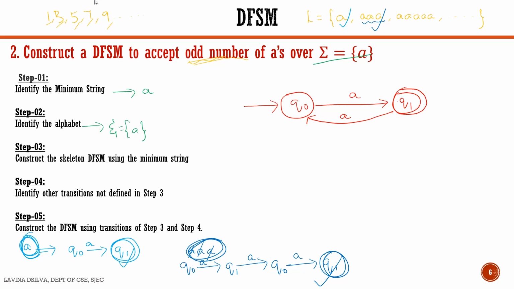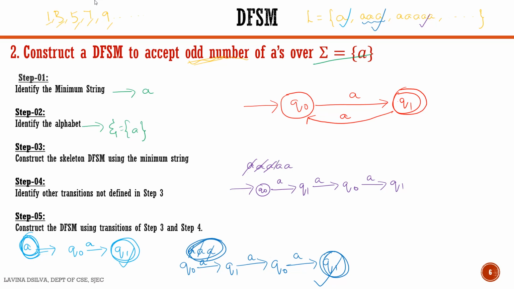We will see our third string in the language. So for a string with 5 A's, let us see the traversal. When we are in state Q0, we see the first A. We go to state Q1. Now in Q1 state, we process the second A. Where do we go? We go back to Q0 state. On Q0 state, we see the next A. We go to Q1 state.